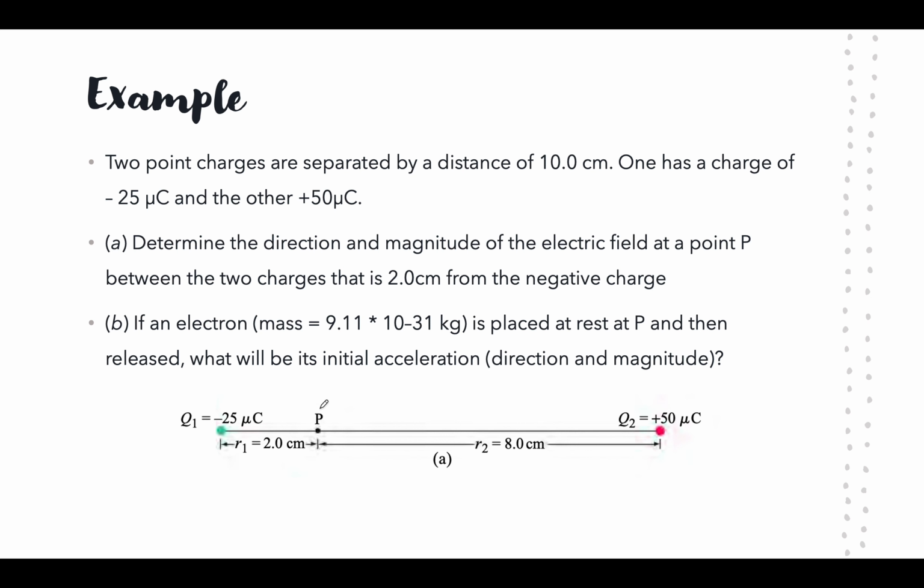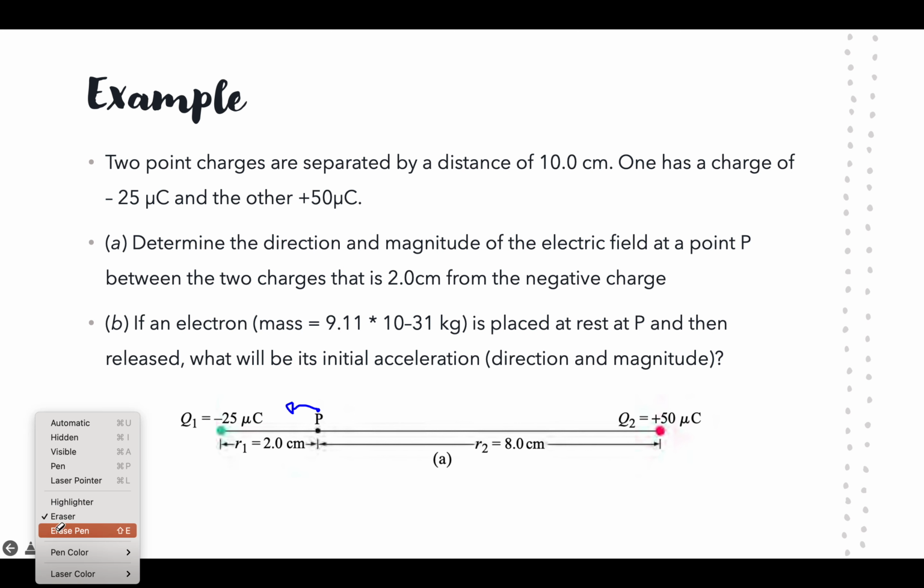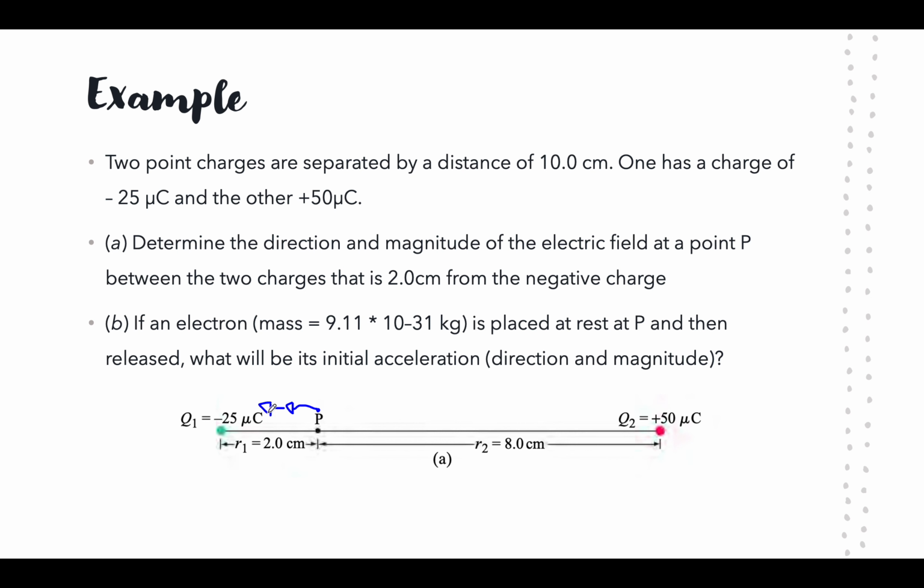All right, so here at point P, we're going to place a positive test charge. This positive test charge is going to feel a field in this direction due to Q1, and it's going to feel a field in this direction as well due to Q2, right?